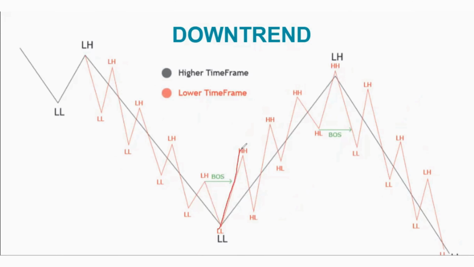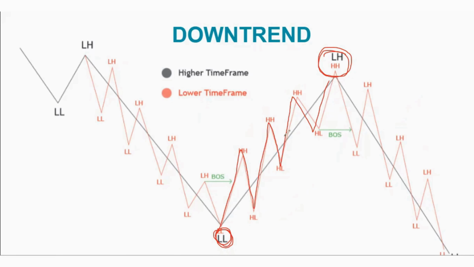Okay, so why is the lower time frame trending up here? To create a lower high in the higher time frame. Understand that. The higher time frame has created a lower low. Let's take a 1 hour chart. The 1 hour chart has created a lower low. Now the 1 hour has to create a lower high before creating another lower low.